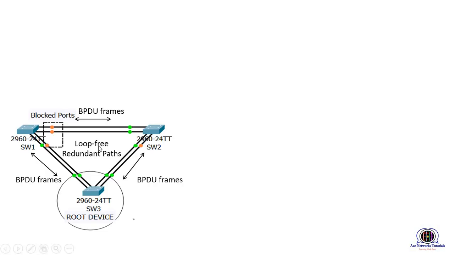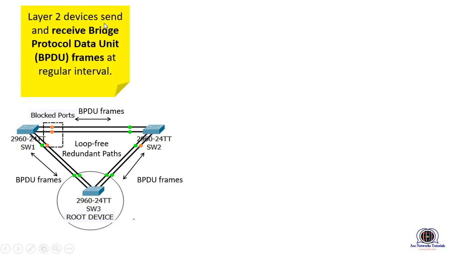Now we will consider this topology, which is a little more complex than the previous one. Here we have three switches connected in a redundant topology. That means each link has its own redundant path. Layer 2 devices send and receive bridge protocol data unit frames, that is BPDU frames, at regular intervals.